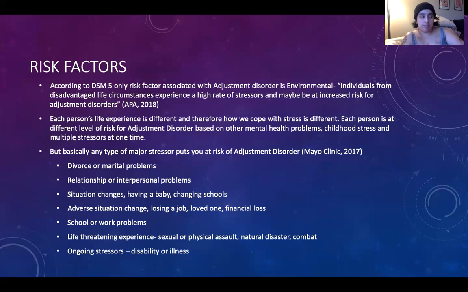When we apply that to risk factors, we think, what kinds of groups of people are living in areas with a high rate of stressors? Poor people. Who makes up the majority of poor people in a lot of areas? People of color. So you have all of those risk factors stemming from one situational slash environmental circumstance.